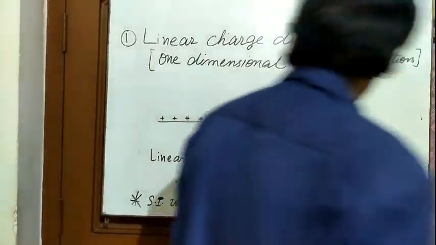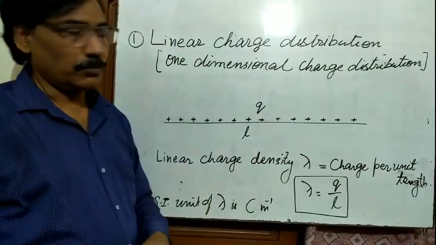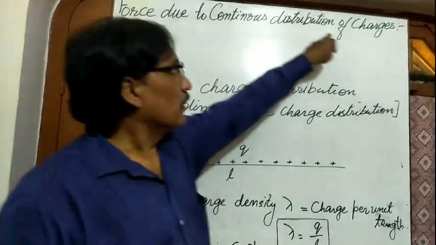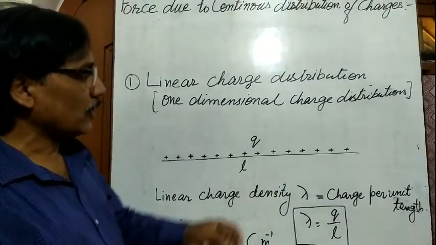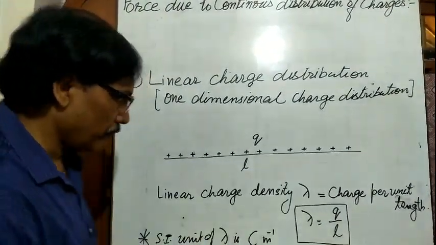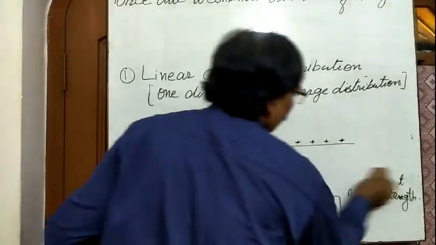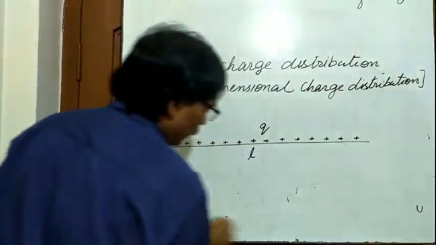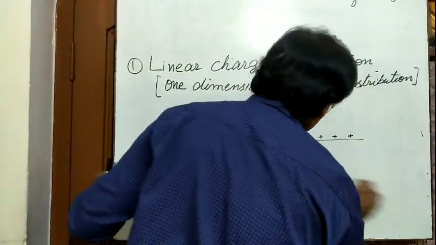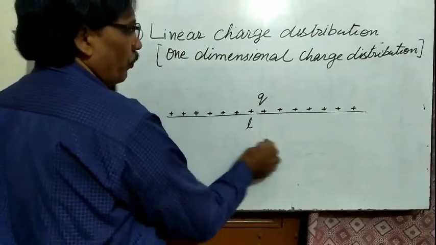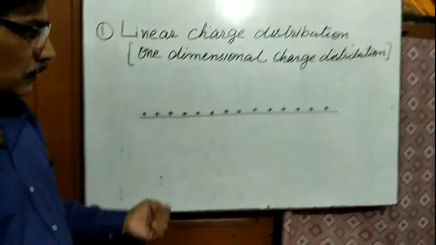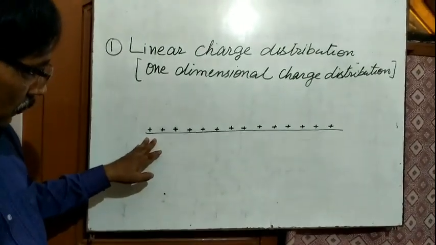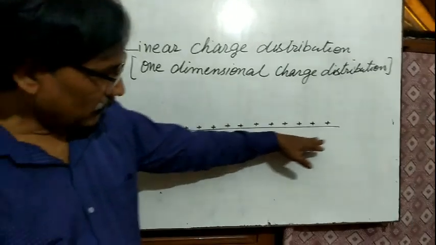Now what will be the force due to this linear charge distribution? Our heading is force due to continuous distribution of charges. So what will be the force acting on a charge due to this distribution? Suppose we have a linear source having charge along its length.